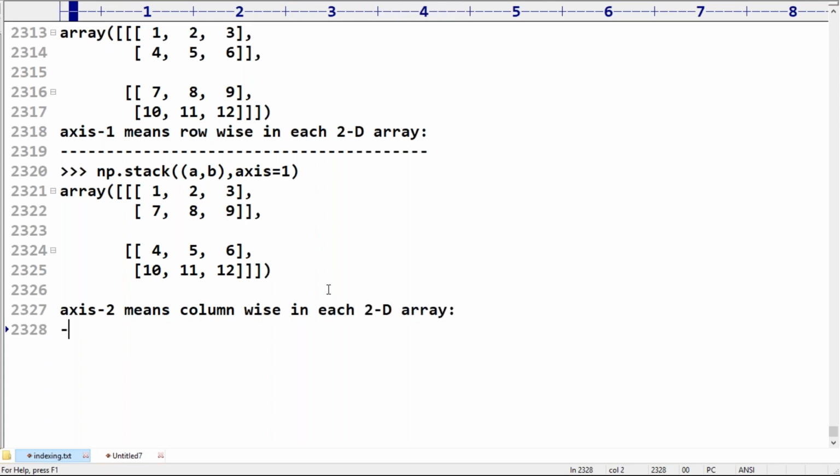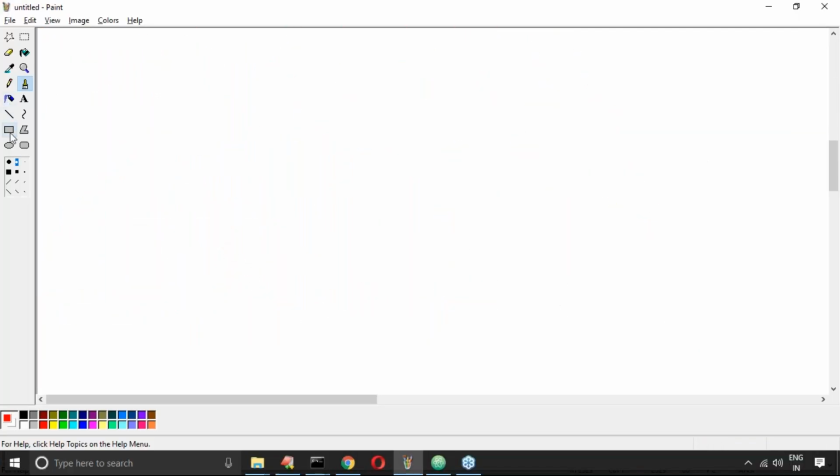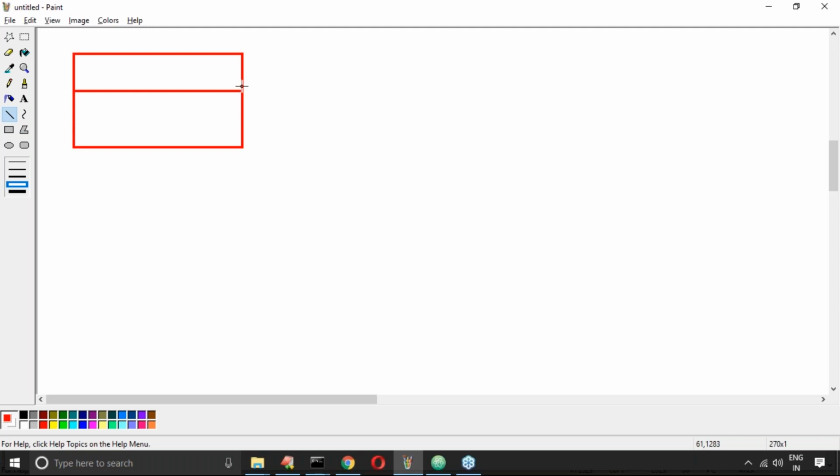Axis 2, this is the dangerous thing. Row wise is very easy. Column wise, how you can analyze and understand, is the bigger problem. Please take a bit of special care. Let me take it freshly, based on the output. At least based on the output we have to decide.